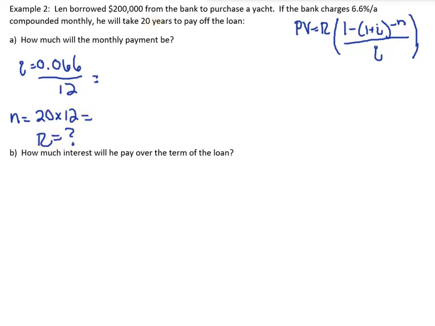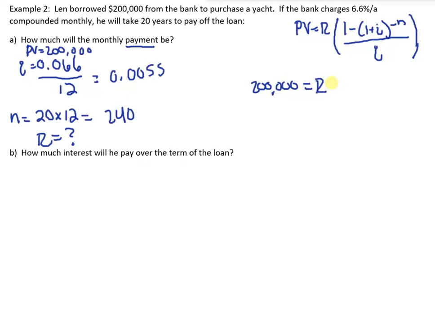Sometimes if you don't know the difference between the PV and the R, as soon as you see payments, it's R. So therefore, the 200,000 is the PV, the present value. Let's go 0.066 divided by 12. I get 0.0055. And 20 times 12, and I get 240. Again, this one is just a simple substitution.